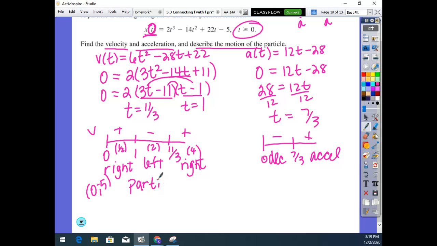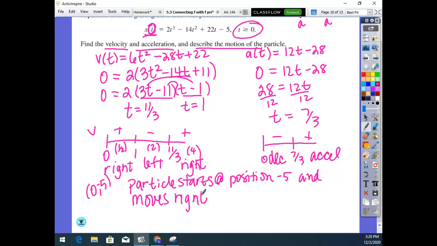So the particle starts at position -5 and moves left, nope, right, can't tell my left from my right, from time 0 to 1.